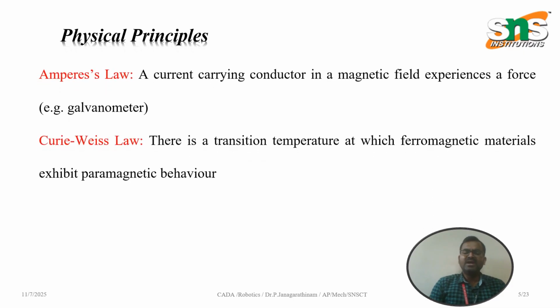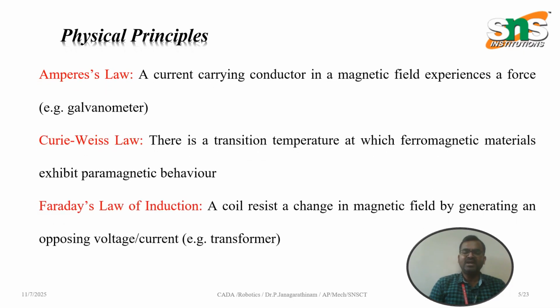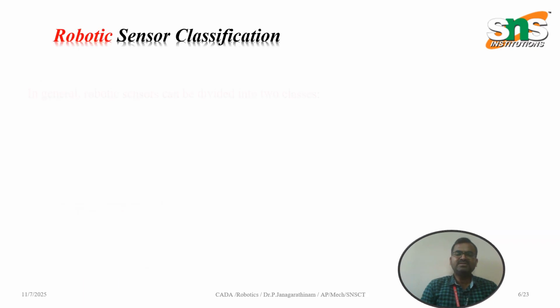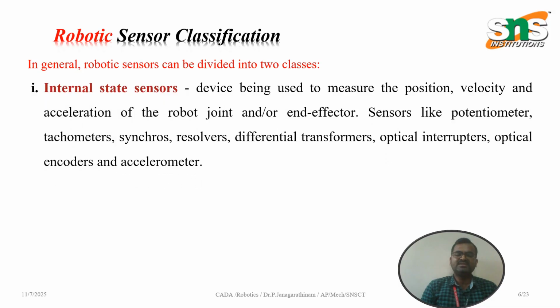The physical principles used in sensors include Ampere's law, Curie-Weiss law, Faraday's law, and the photoconductive effect. All these laws are incorporated in the different sensor types, which observe signals from the current environment so that the system can act accordingly. This is the robotic sensor classification in general.